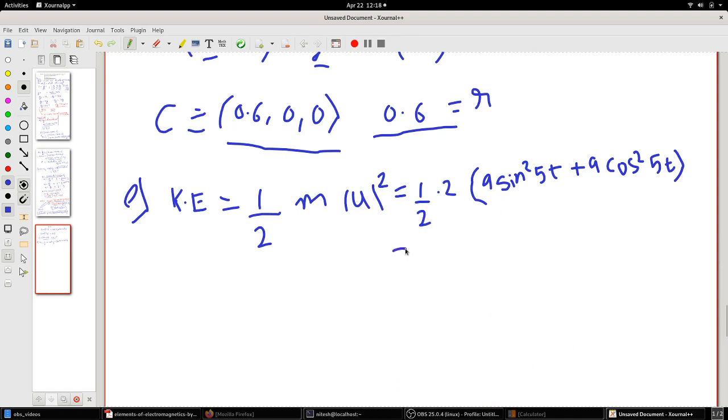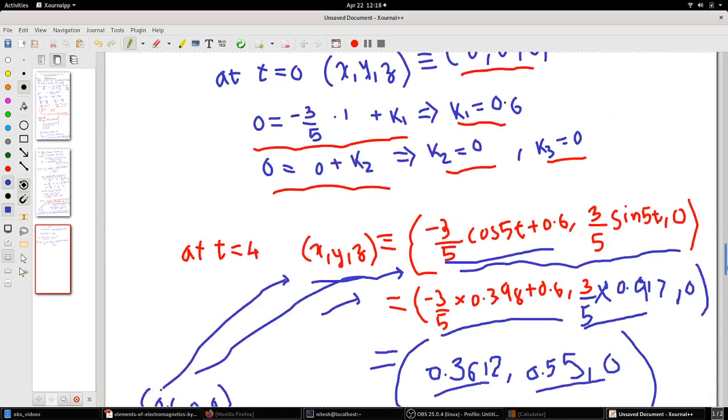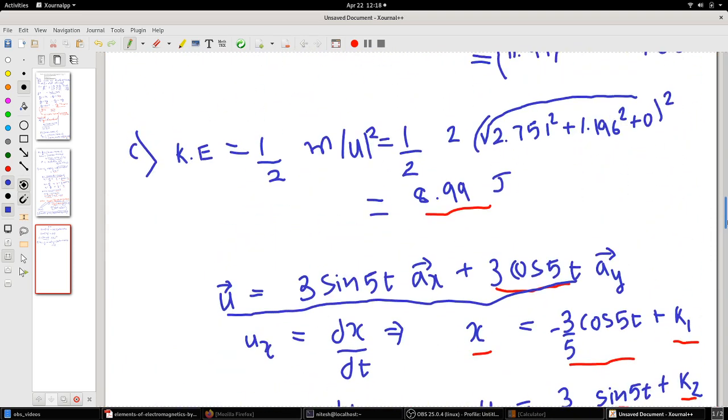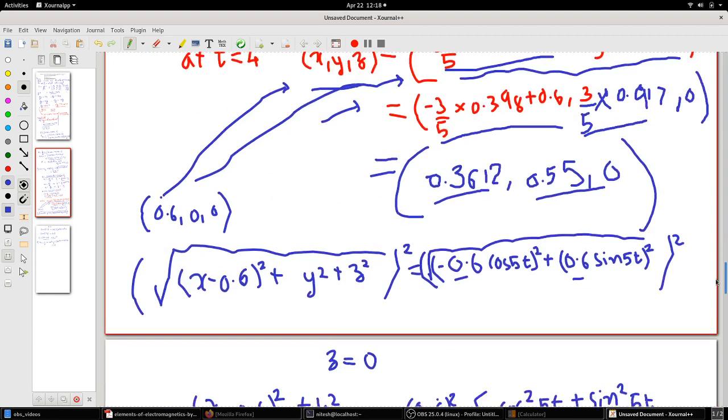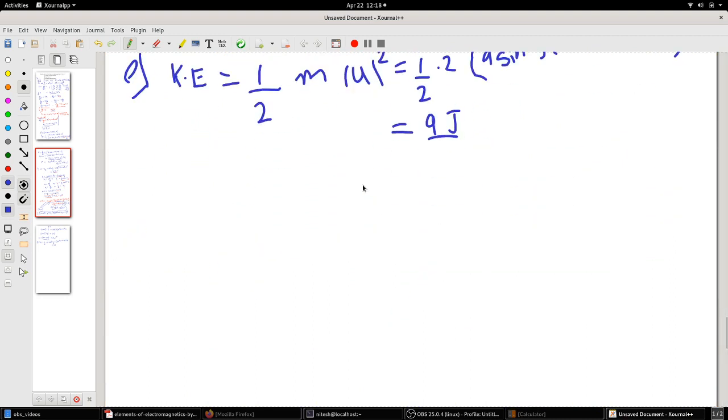So what we are getting here is 9 joules, which is very similar to the 8.9, or equal to the 9 value which we had got here. This was actually 9 because it is cos square plus sin square. So what you can say is that it is constant irrespective of time or position.